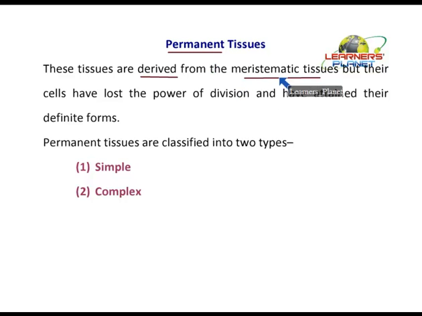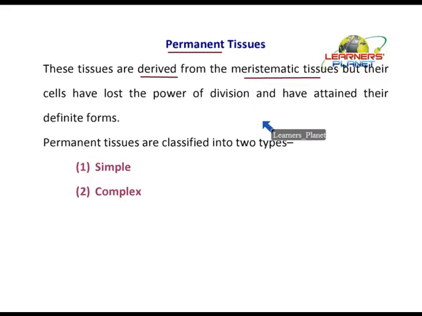They are derived from meristematic tissue, but how? It is by the differentiation process. Differentiation is in terms of the shape of cells, the structure of the tissue, its cell wall properties, a special function, and so on.